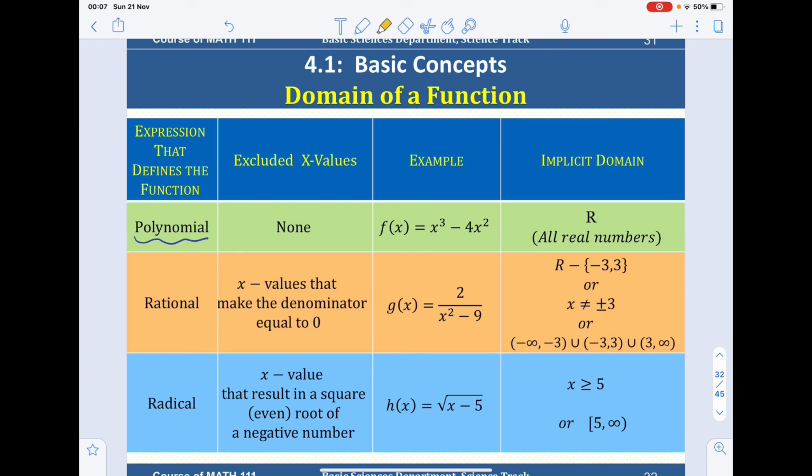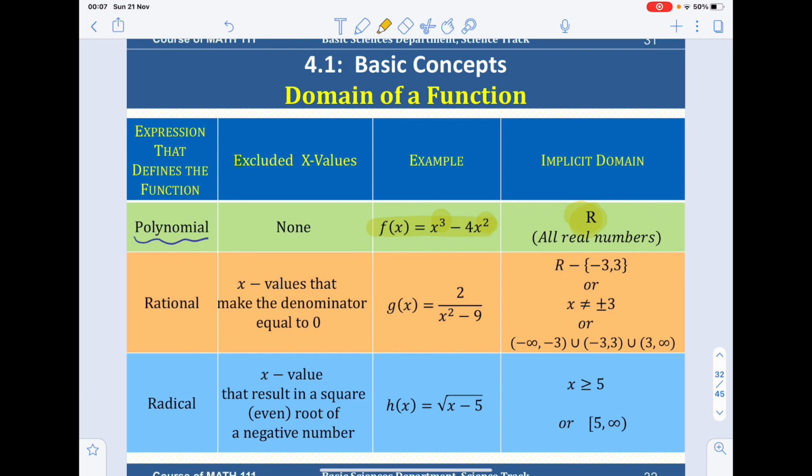As you can see, this is a form of polynomial since the powers of x are 3 and 2. So if the function is a polynomial, in this case, the domain will be R. So we don't have any problem. We don't have any values that make this function undefined.